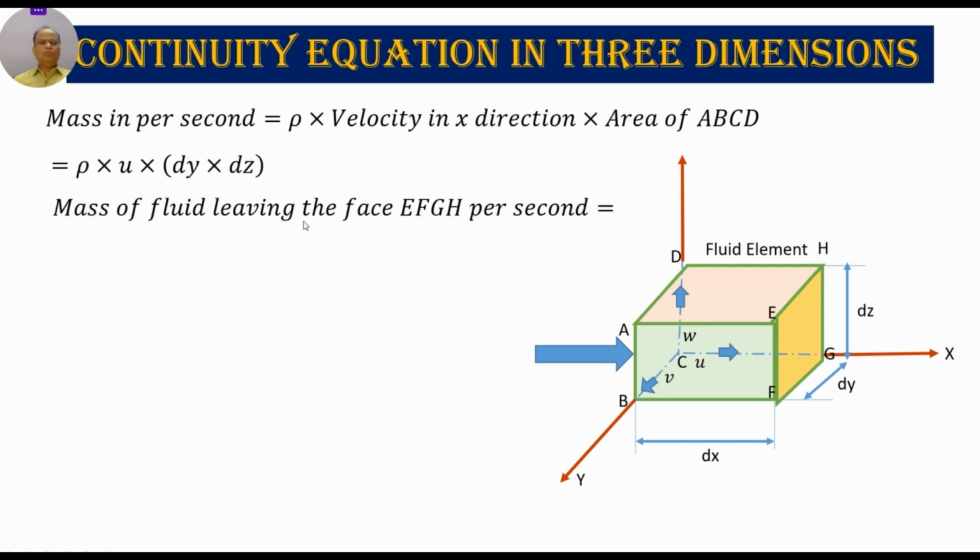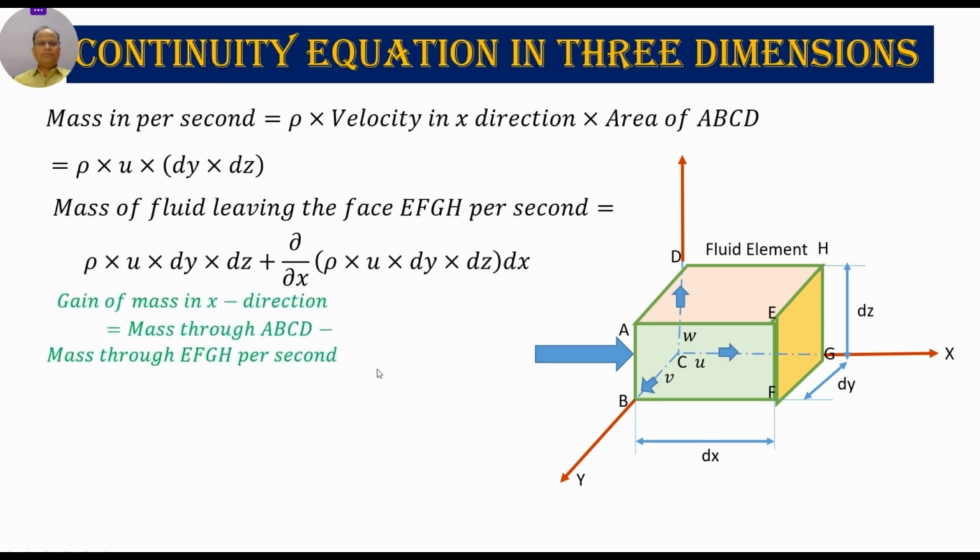Now the mass of fluid leaving the face EFGH per second is the mass in plus the rate of change of mass. So the mass in is the same, rho u dy into dz, plus the change in mass along the x direction: del upon del x into rho u dy into dz into dx.